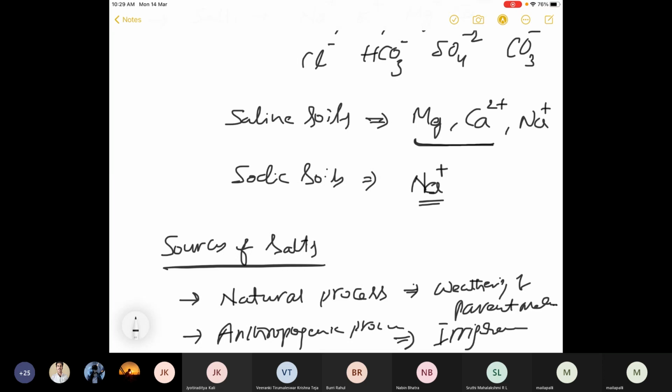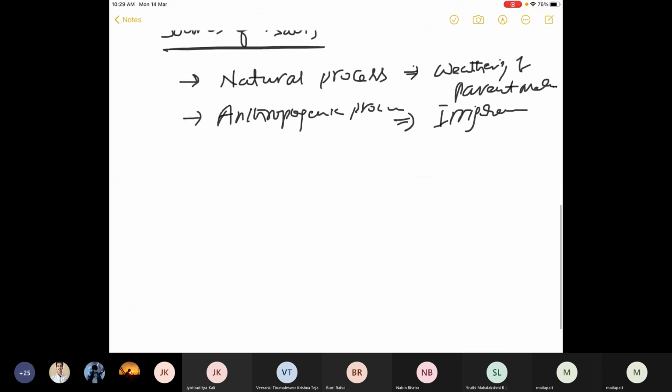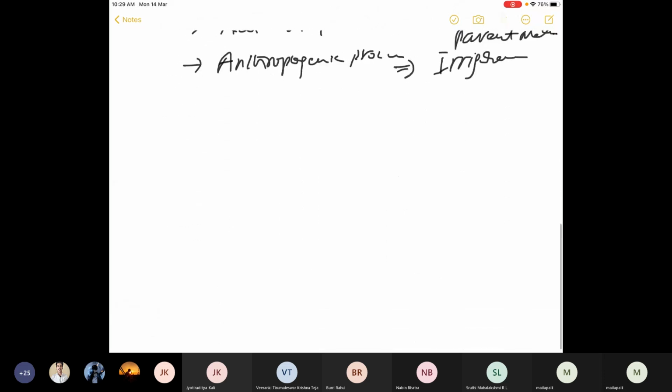Okay, so basically why are we irrigating? Irrigation has two effects basically, right?